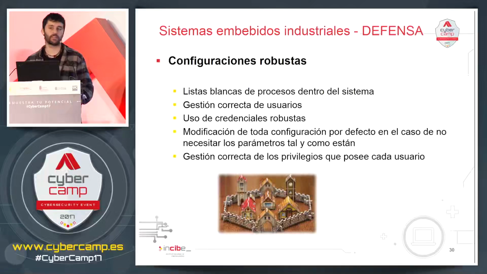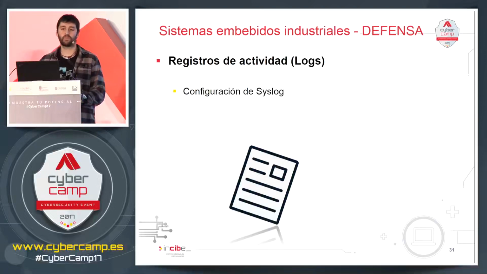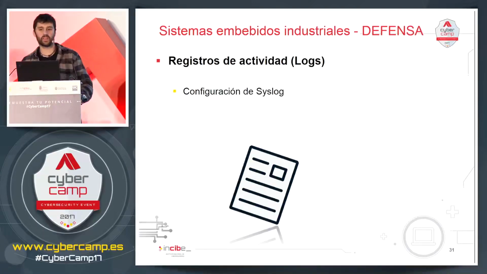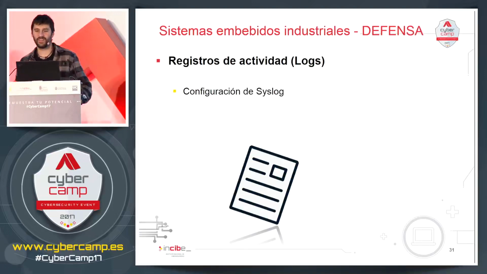Then we also need to correctly manage privileges or rights. An operator and an admin shouldn't have the same rights or privileges, as an admin should take care of the most sensitive matters in the company. Of course, we also need to have logs. We need to have activity registries.